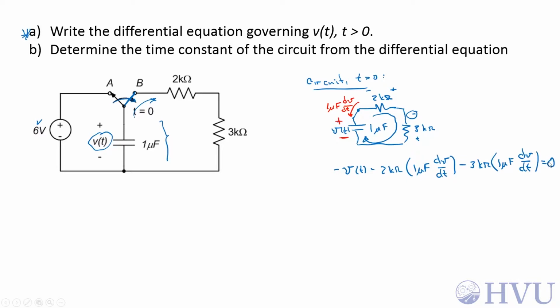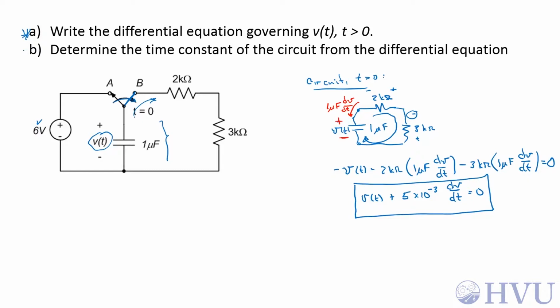That brings us back to our starting point, so that all sums to 0. Let me change the sign on everything. So I have v of t, and I have a 2 times 10 to the minus third plus a 3 times 10 to the minus third, which gives me 5 times 10 to the minus third dv by dt, is equal to 0. There's my differential equation governing the capacitor voltage.